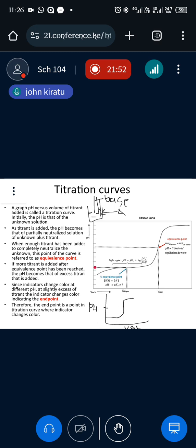So this part, where there's not a lot of change of pH, if you are taking notes, write that this part is called the buffer region. I know you guys know what a buffer is. A buffer is a solution which resists change of pH.